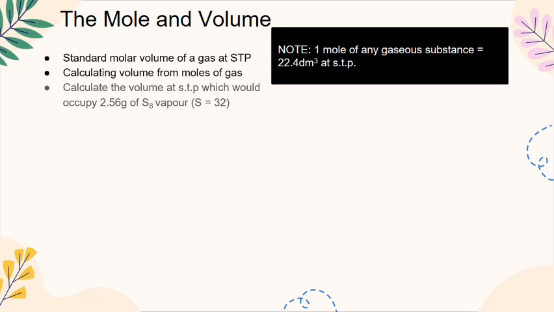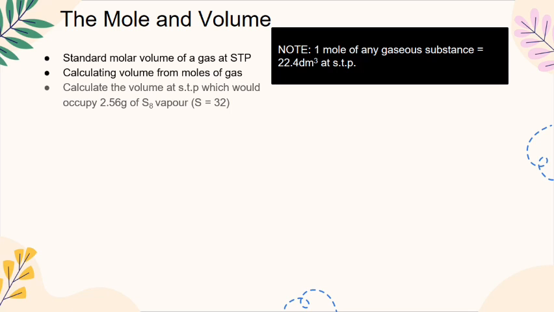We have been given the atomic mass of sulfur to be 32. Now I want you to think. In this case, we are to calculate the volume at STP which would be occupied by 2.56 grams of S8 vapor. What do you think? They are not talking about moles here, and they didn't give us moles, but we have mass. They want us to calculate volume.